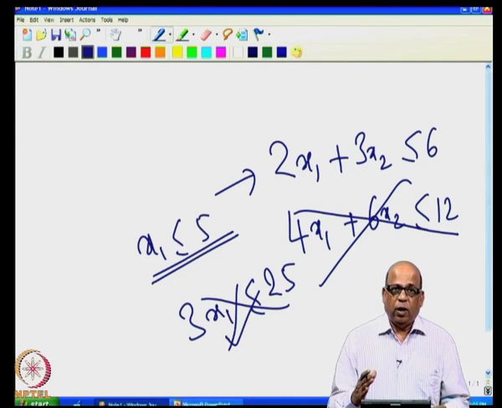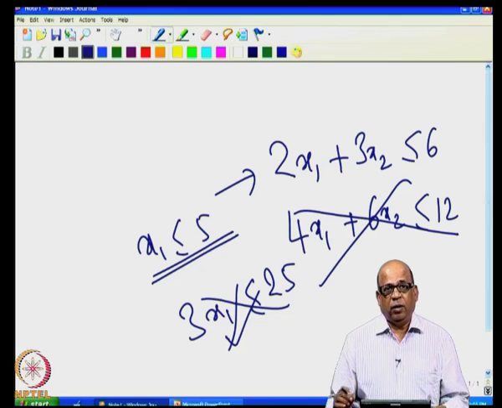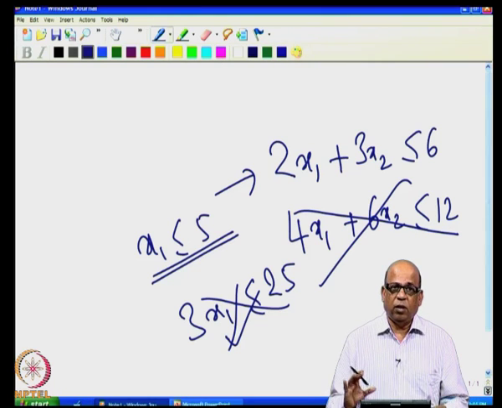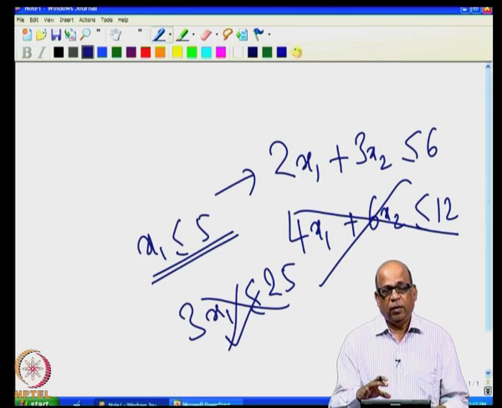So, whenever you have m greater than n, that is, the number of constraints higher than the number of variables, the problem is in general overdefined, and you should be alert to redundant constraints, identify them and remove them.